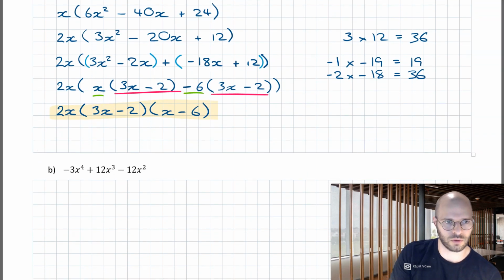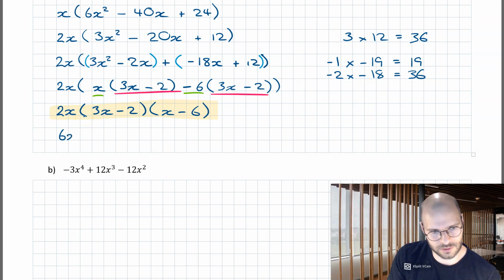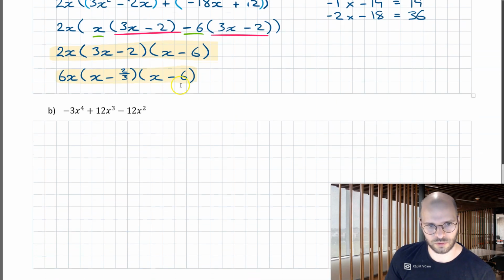What we'll do is we'll go for one further step of factorization. We'll put the coefficient in front of here as a 1. In doing that we pull out a 3. So we'll go 6x. So we've taken out the 3, we leave behind x, take 2 over 3. Then x, take 6.